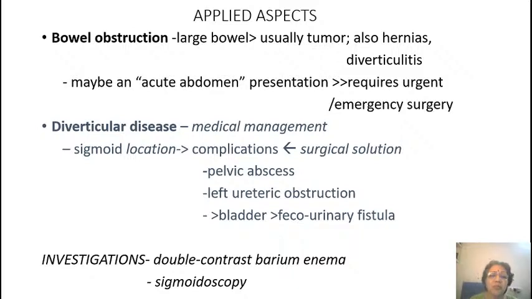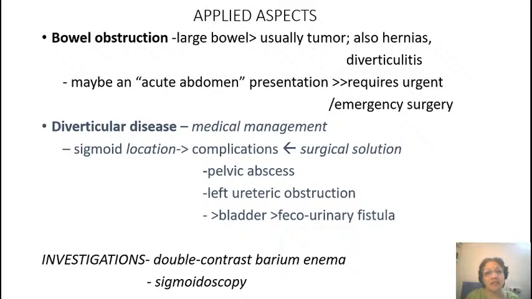So just remember that because of the sigmoid mobility, because of the stasis of food inside and the likelihood of so many complications of the stasis, because of the possibility of diverticulosis, which is a reasonably common phenomenon, which can become diverticulitis, as a consequence of which there could be a sigmoiditis, which would then impinge on anything it touches, because it's a mobile piece of gut.